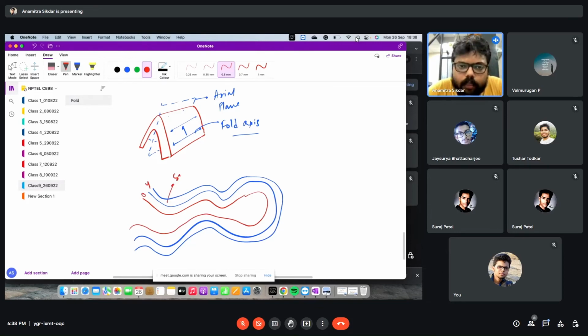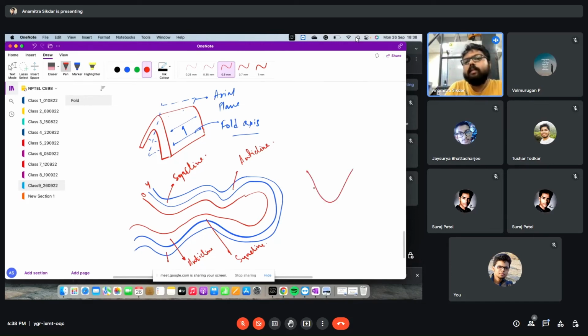So here you have a syncline, and here you have an anticline. Why do you have an anticline here? Because you have the younger layer outside, this blue one. And here you have a syncline, and this is an anticlinal synform, right?